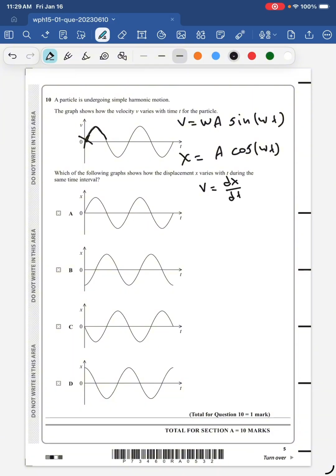The derivative of cosine is minus sine. But we see that the velocity should have a positive sign, so x is minus A cos omega t. So we can immediately eliminate options A and C, and then also option D, because x starts as positive at time 0. So the correct answer is B.